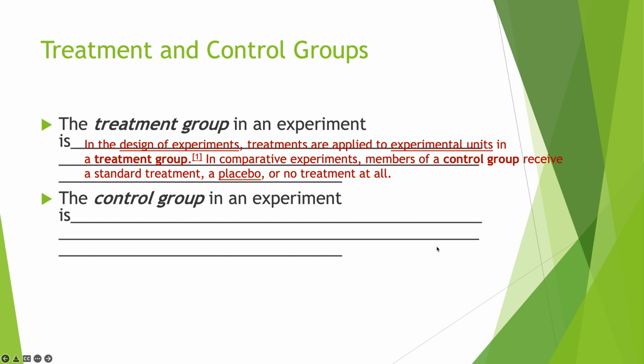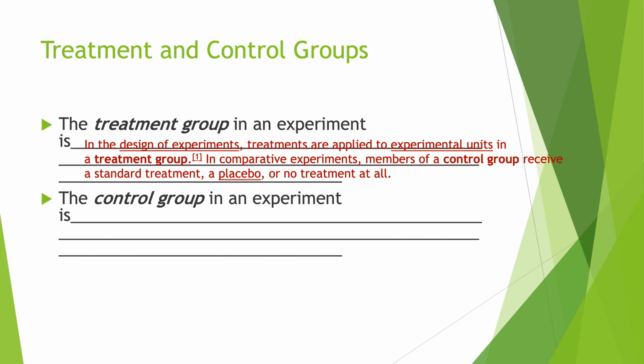In the design of experiments, treatments are applied to experimental units in a treatment group. In comparative experiments, members of a control group receive a standard treatment, a placebo, or no treatment at all. So for instance, maybe they're testing a drug that's all about losing weight. And there are two different groups of people.